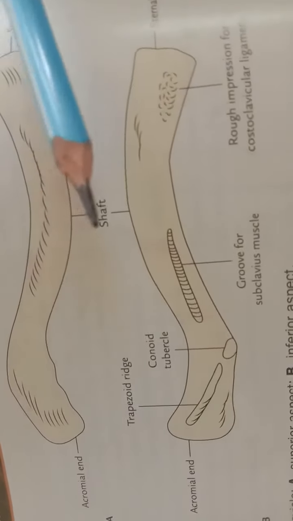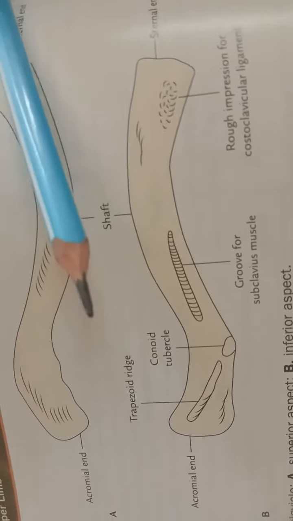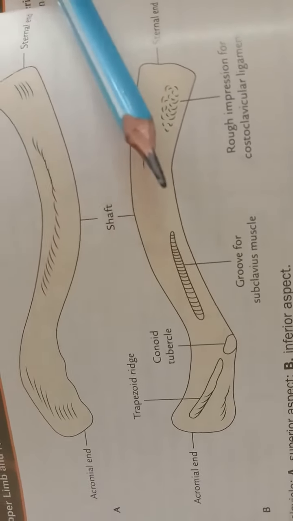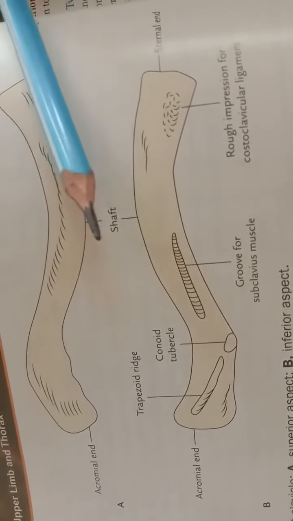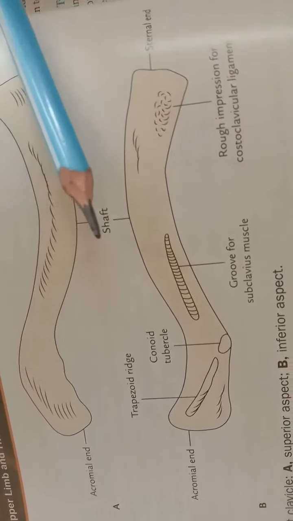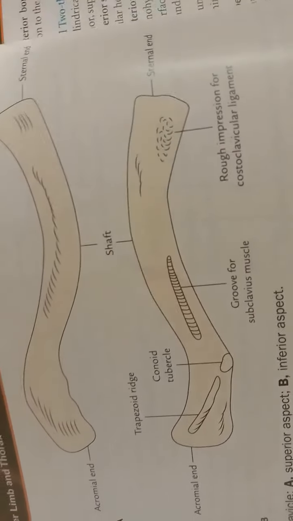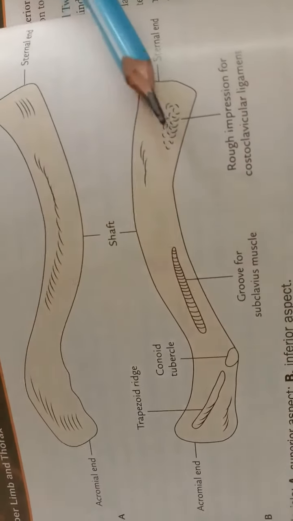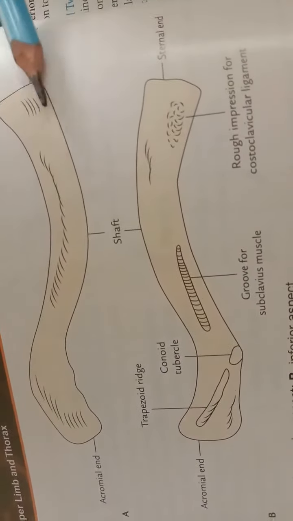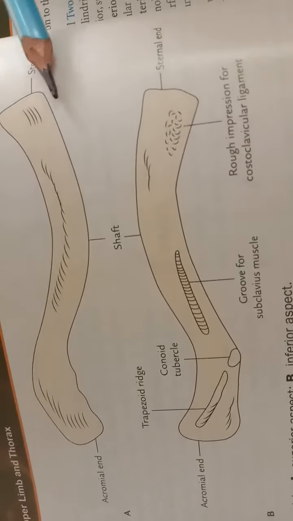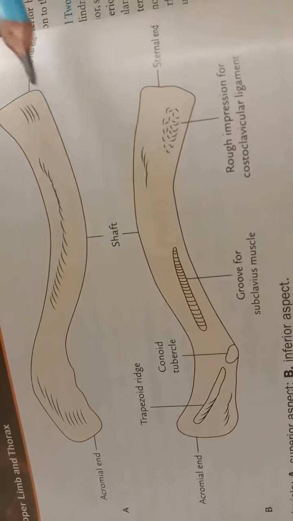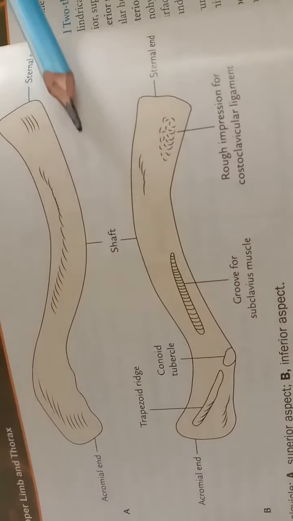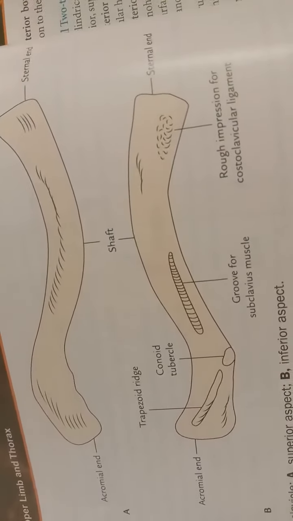The two primary centers appear in the shaft between the 5th and 6th week of intrauterine life and fuse about the 45th day of intrauterine life. The secondary center for the medial end appears at 15 to 17 years and fuses with the shaft at the age of 21 to 22 years.